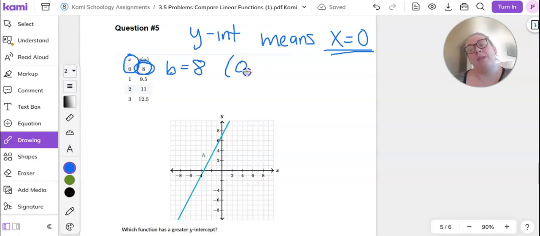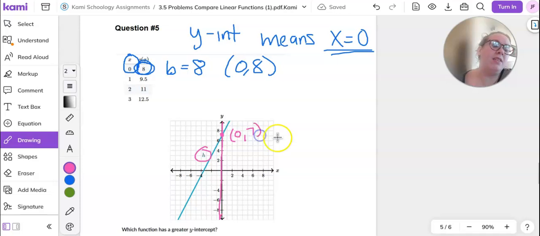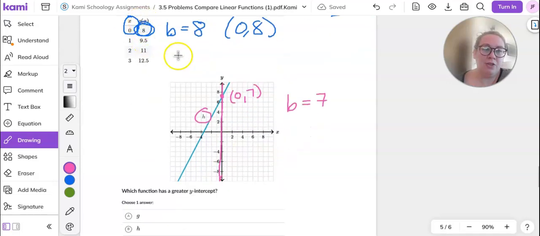So that y-intercept is (0, 8). Looking at our function h, it crosses the y-axis at this point, which is 7. So our y-intercept for our graph h is 7. Therefore, g is greater, 8 is greater than 7, so we want to select g.